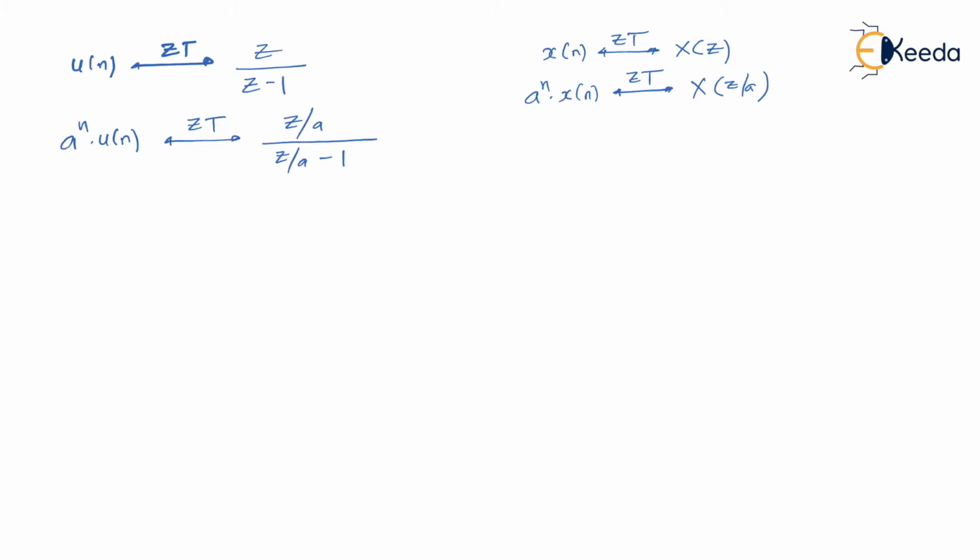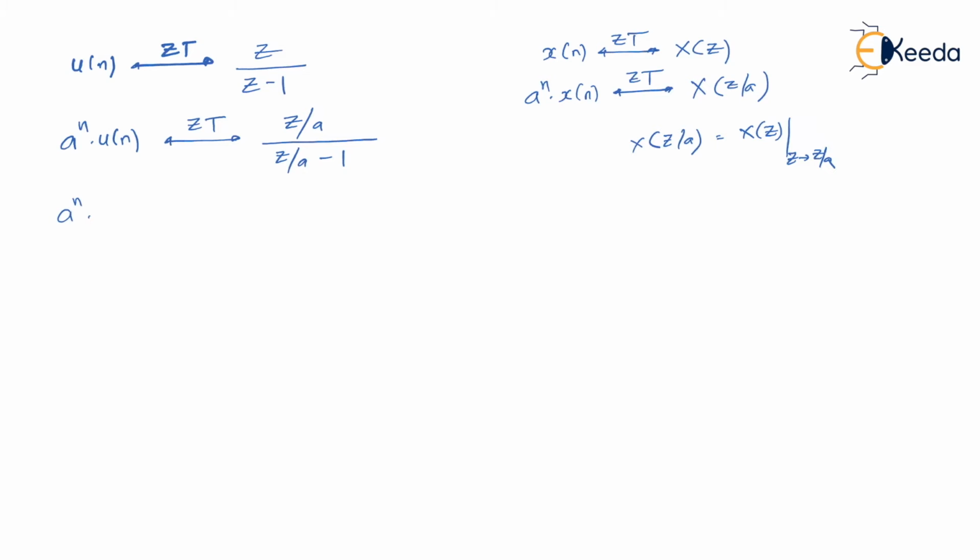And how to get x of z by a? Actually, x of z by a means your x of z only, but z is replaced with z by a. Is that right? So we have done it this way.